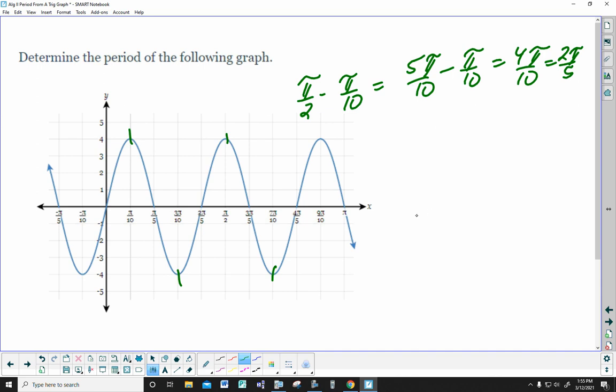Or, you look at the midline. Oops, sorry, I'm drawing the midline in the wrong spot. This is the midline. If it's starting here, skip this one, ending there, because that's one full cycle. And what's the answer? 2 pi over 5.